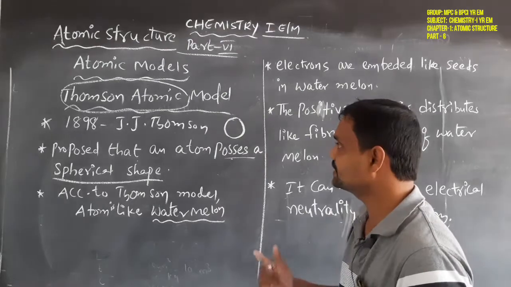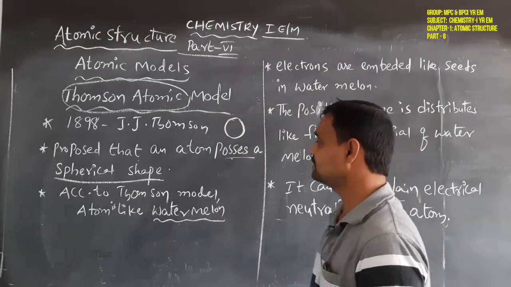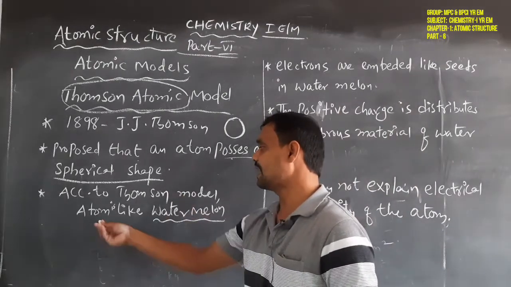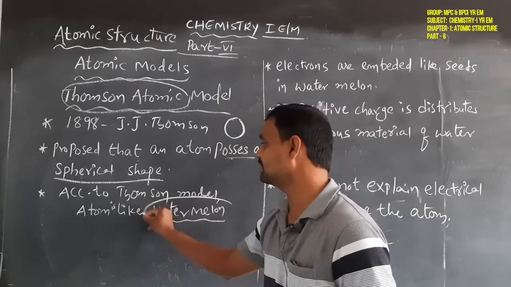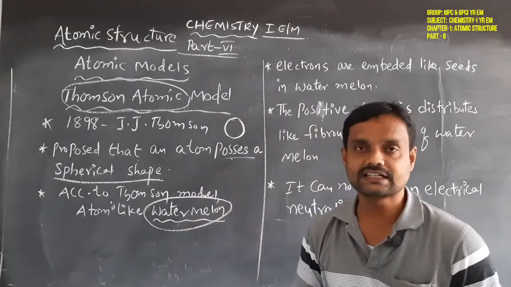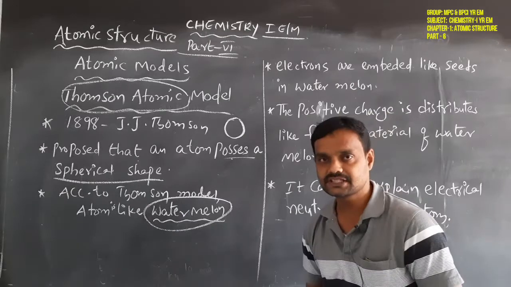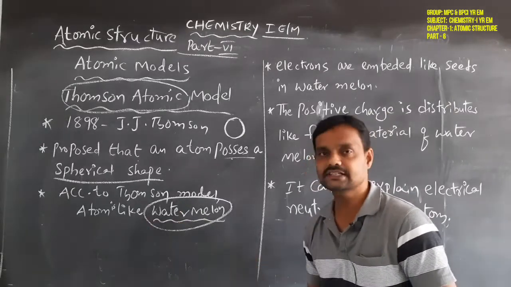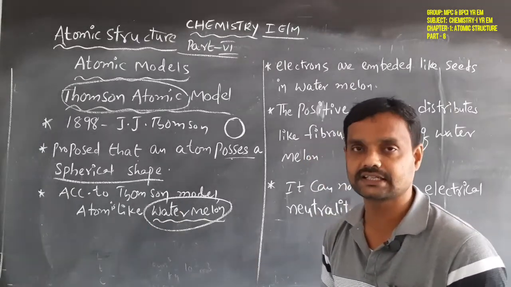Another postulate in the Thomson atomic model: according to this model, the atom is like a watermelon. What is his assumption? The atom looks like a watermelon.